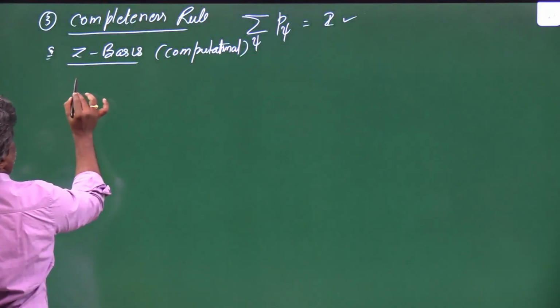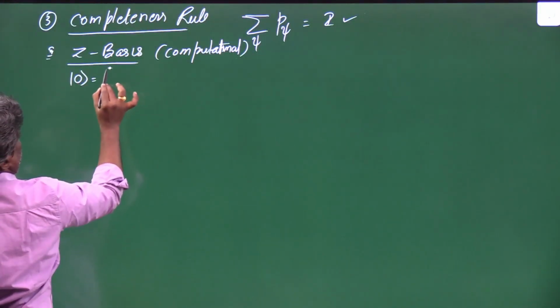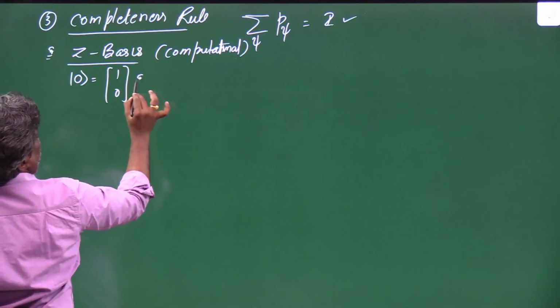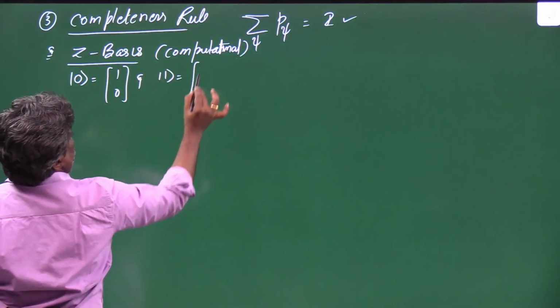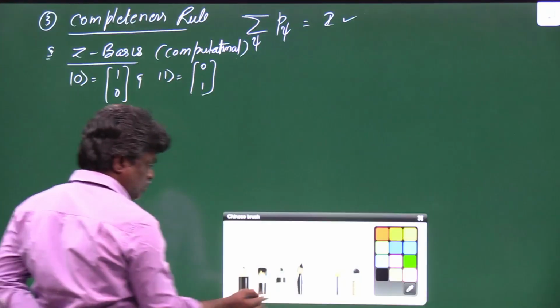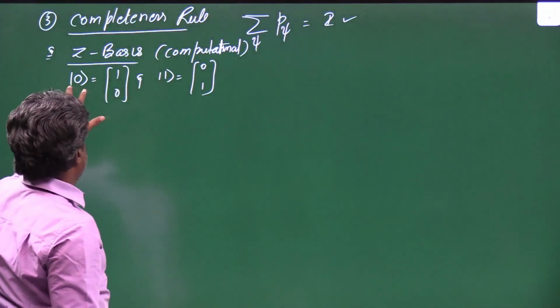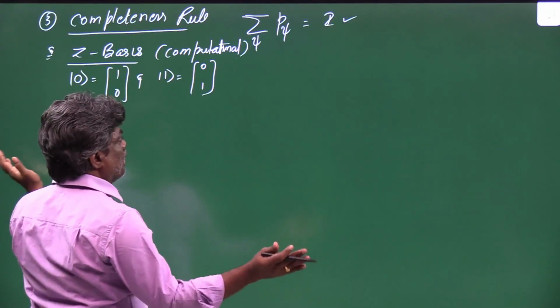Right. What are the Z bases? Ket 0, which is nothing but (1, 0), and ket 1, which is nothing but (0, 1). Now I request you, please write the outer product for |0><0| and |1><1| and add.